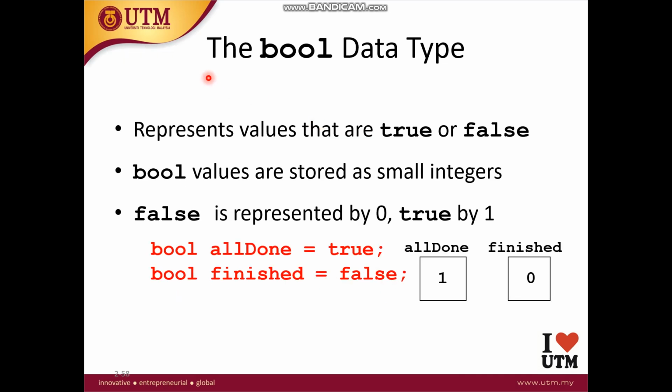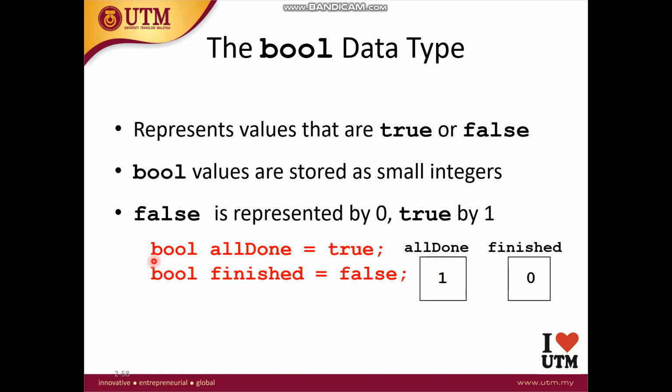And we've got another data type which is called bool, which represents values that are true or false, where we've got only two choices in some situation. So in this case we are using the bool data type, and it is stored in a small integer. So what is going to be stored in memory? Only one bit, whether it's 1 or 0.